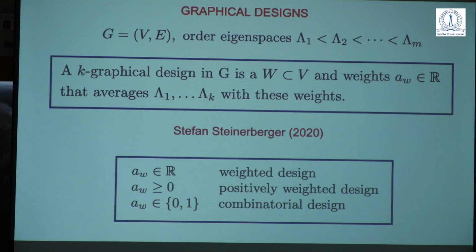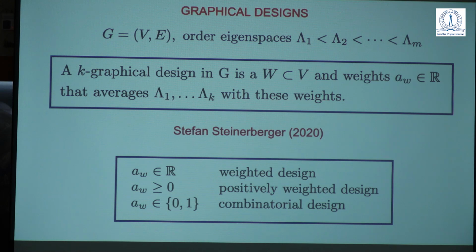So this is the idea. Lambda 1 is always the span of all ones. Then lambda 2 comes with the next eigenvalue. Then lambda 3 with the next eigenvalue. We're using the walk matrix, so it's ordered by absolute value, right? So we're marching down in absolute value. And we're looking for a subset of the vertices with weights that can average the first k eigenspaces.